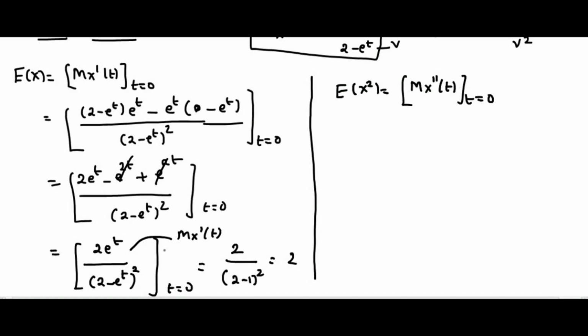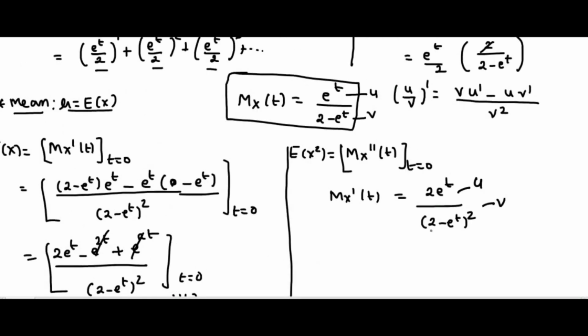So we apply the u by v formula again. The denominator term is 2 minus e power t whole square, and squaring the formula we get 4, then v as it is. What is v? 2 minus e power t whole square.